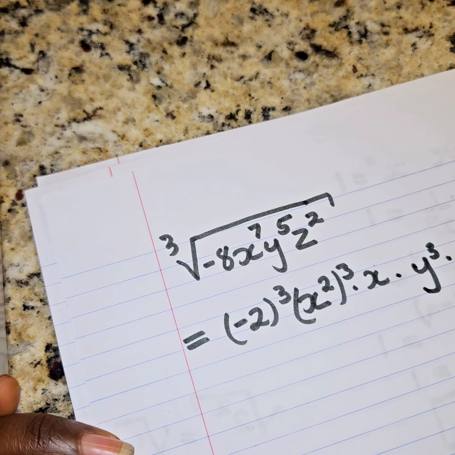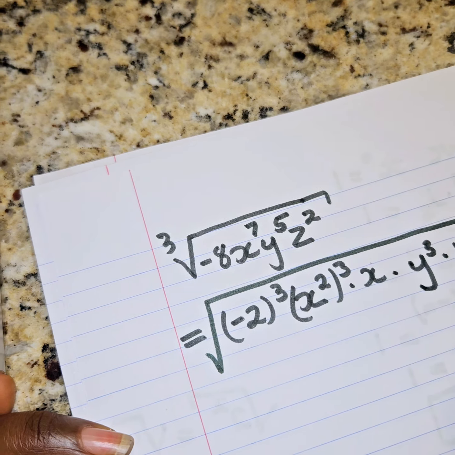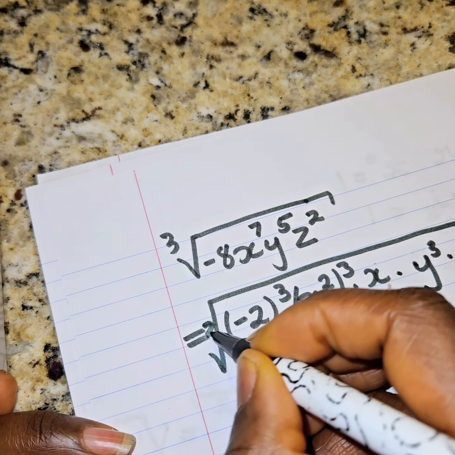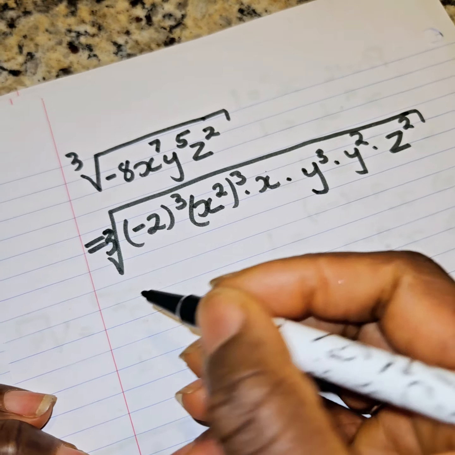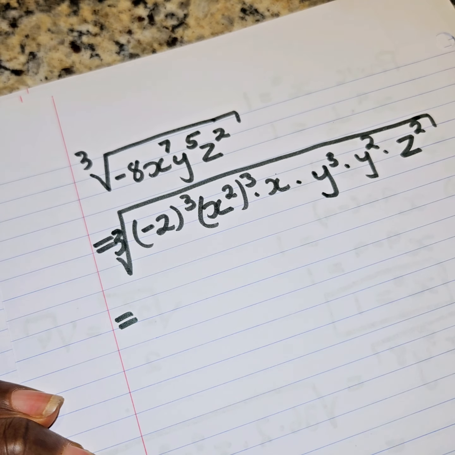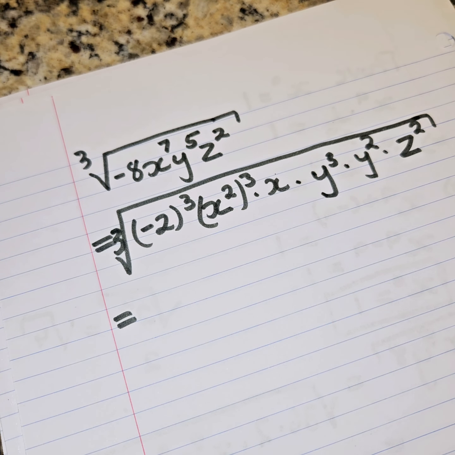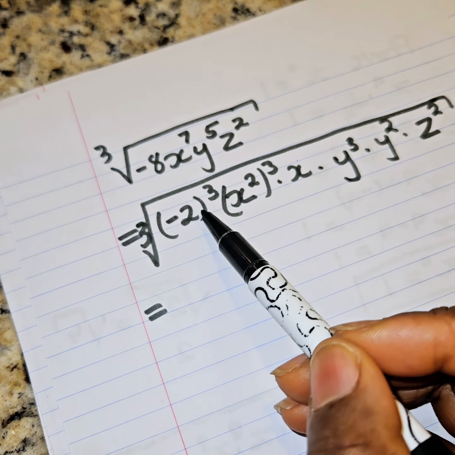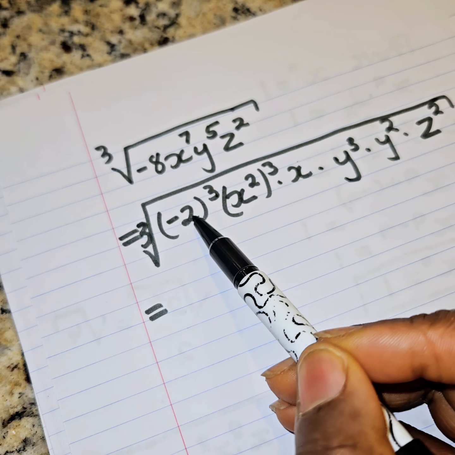Then times z squared, all cube root. And the next step, what I will do is pull out, because the cube root of negative 2 cube is negative 2.